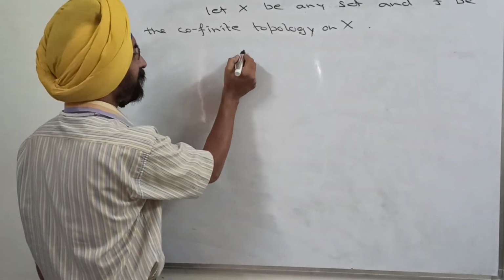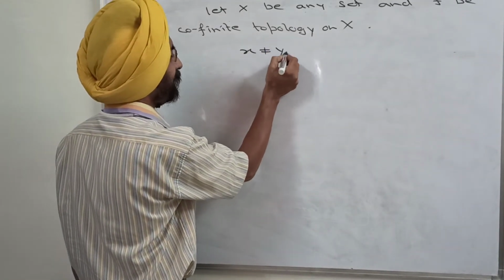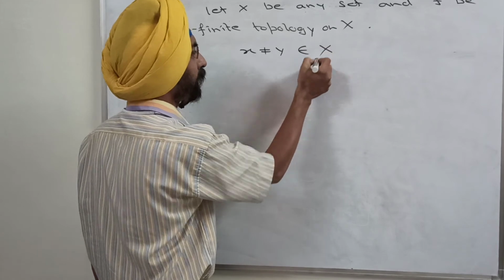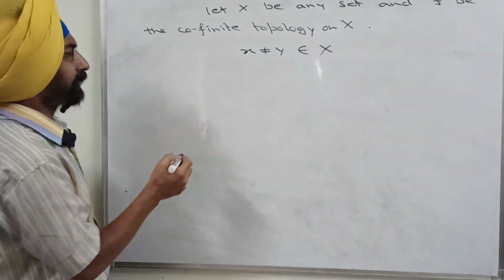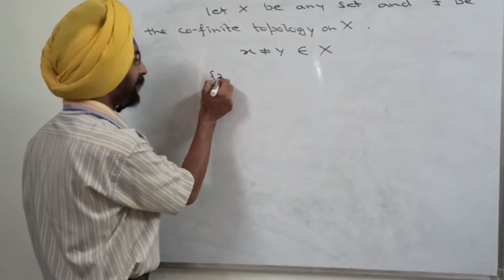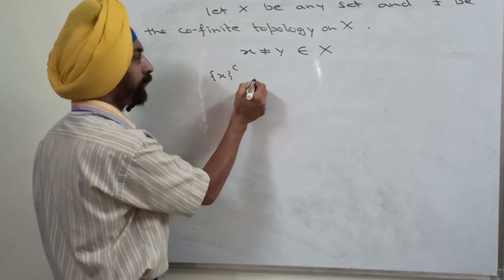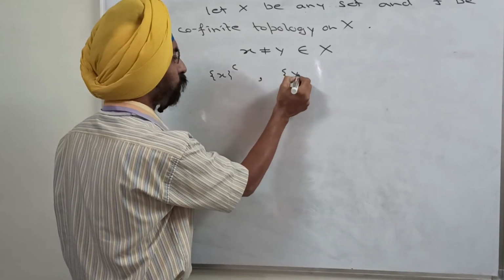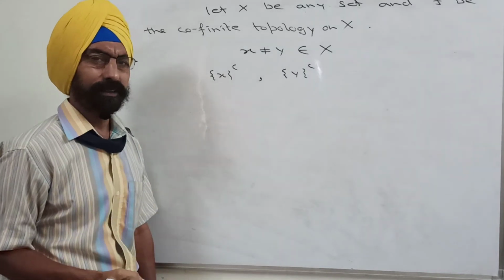So first of all, let us take two distinct elements x and y from X. Now look at the complement of the singleton set {x} and the complement of the singleton set {y}.